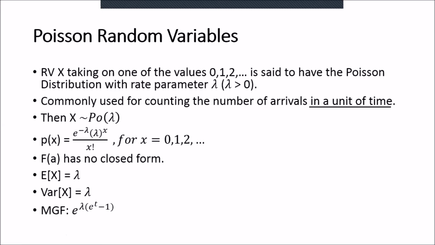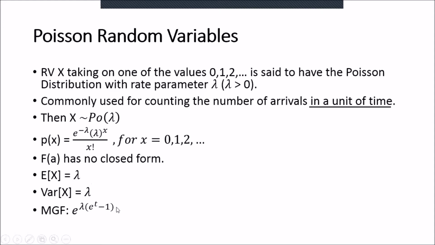The Poisson random variable has a nice property that its expected value is equal to lambda, and this is also equal to its variance. Remember this result. For a Poisson random variable, the expected value is the same as the variance. Its moment generating function is given by e to the lambda times (e to the t minus 1).